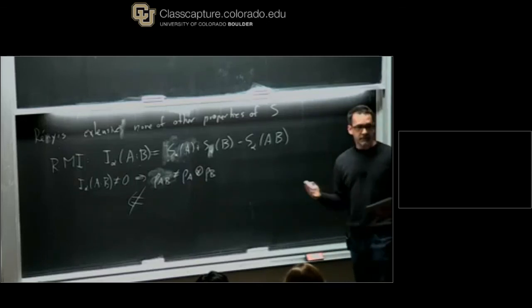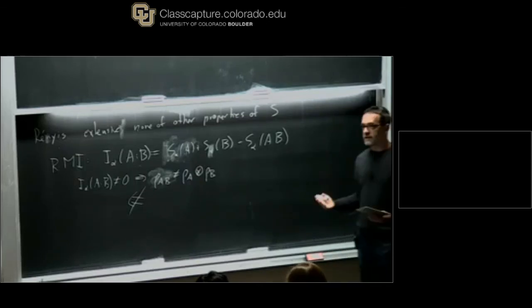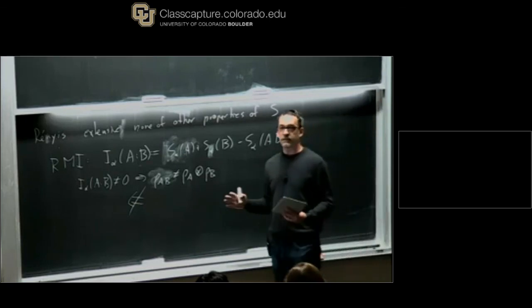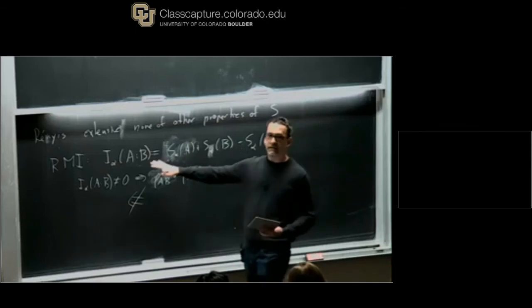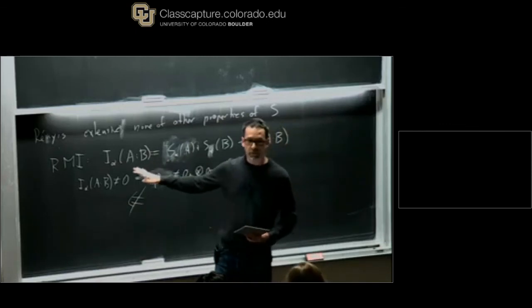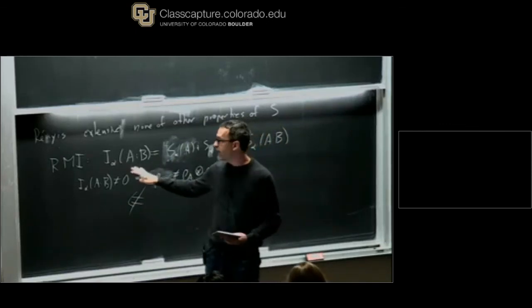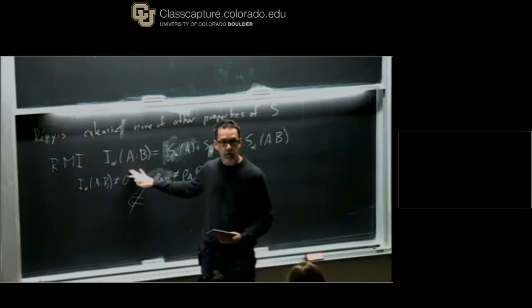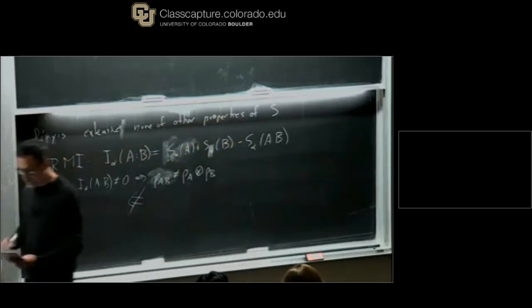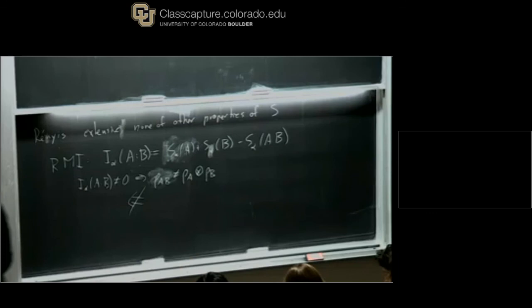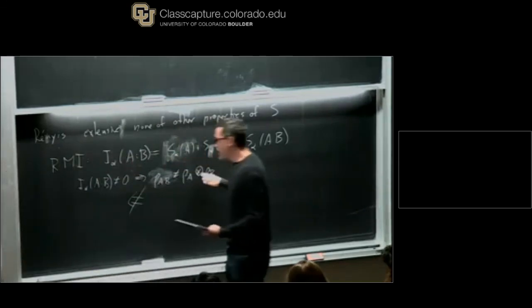I got very confused until I started thinking more about the meaning of the Renyis and realized that this is completely natural. So you cannot use these as a quantitative measure of the amount of correlation. You'll get very, very misleading answers. In fact, you can get a negative answer for this. And you can get 0 when there is correlation. Okay?